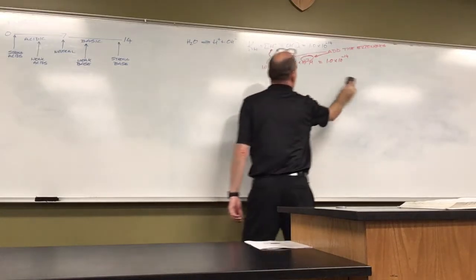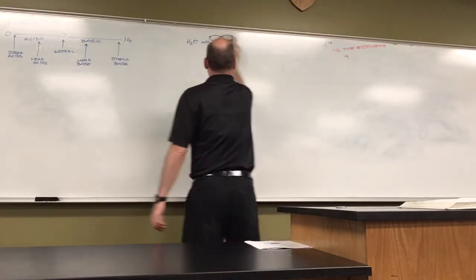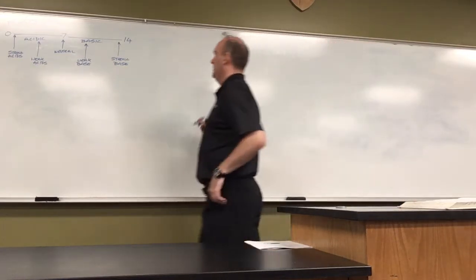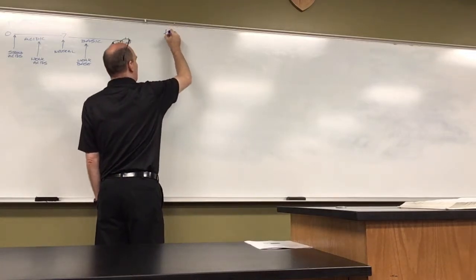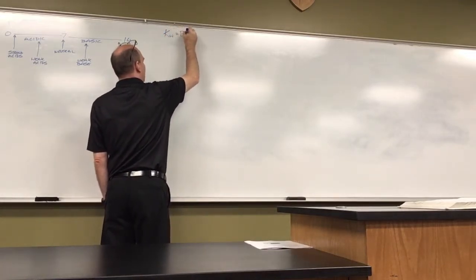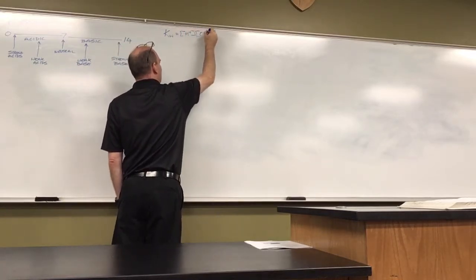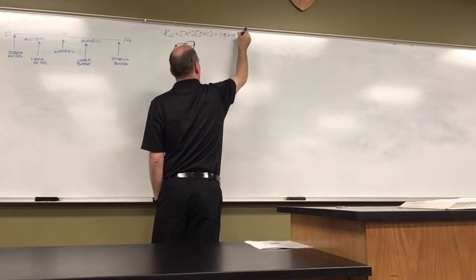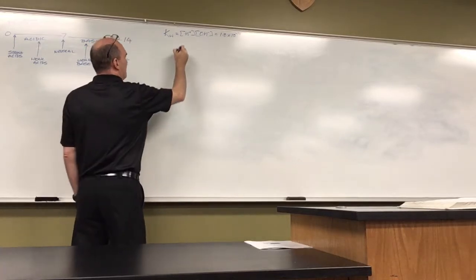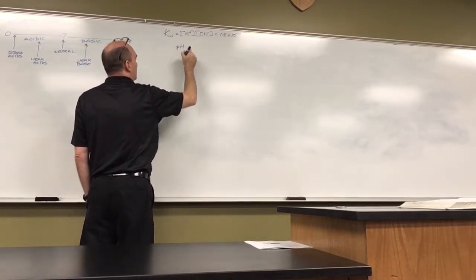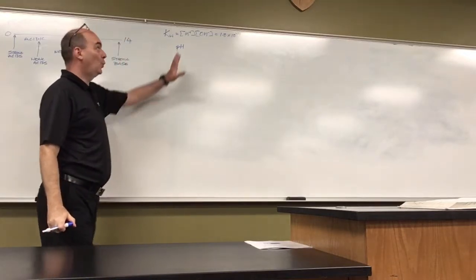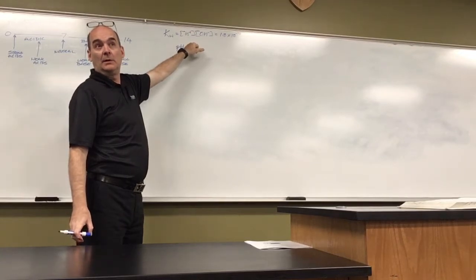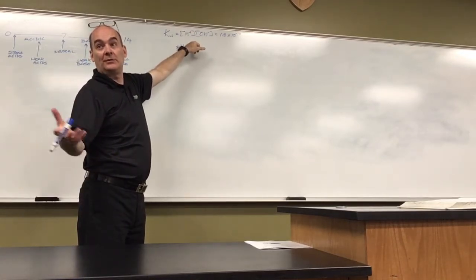And we can do calculations one of 2 ways. Because Kw tells me that the H plus concentration times the OH minus concentration equals 1 times 10 to the negative 14. pH takes one of those numbers, which is 1 times 10 to the negative 7, and turns it into a usable number that turned out to be 7.